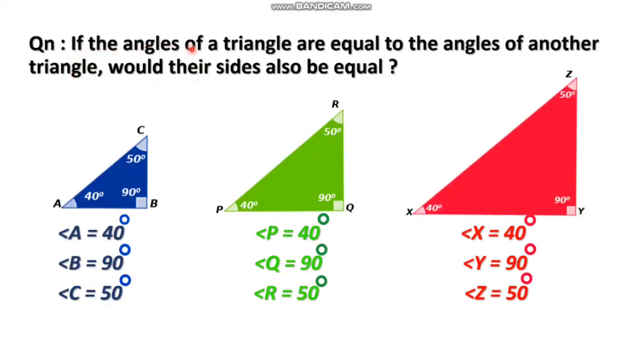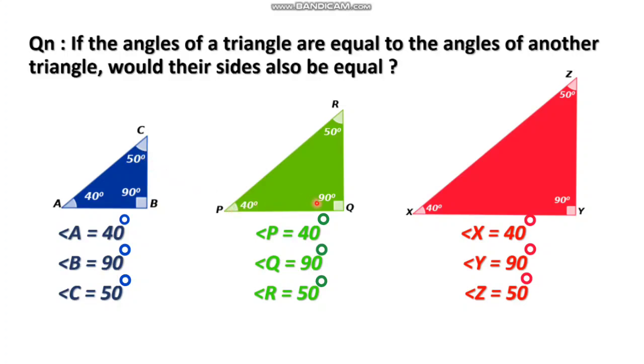If the angles of a triangle are equal to the angles of another triangle, would their sides also be equal? What is the question? Triangles with the same angles are given, then what about the length of its sides? Are they equal? Look at these triangles given. Triangle ABC is drawn with angles 40, 90 and 50 degree.